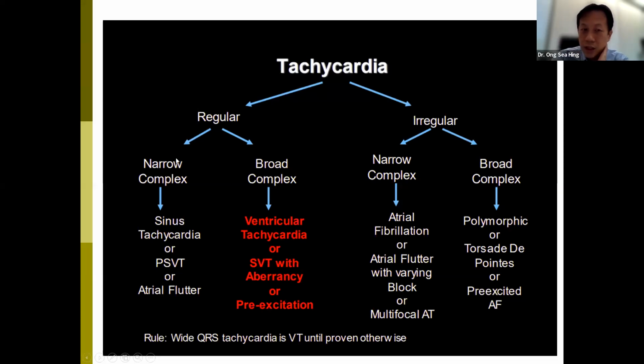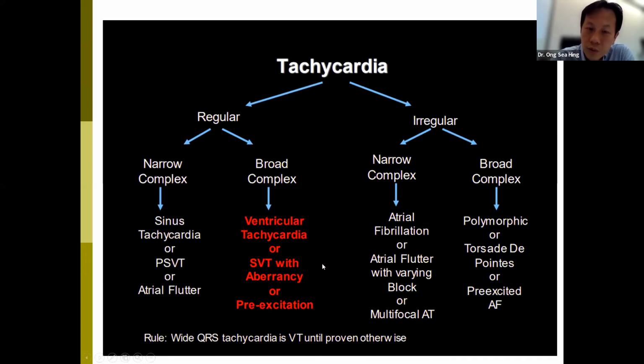So if it is regular and narrow complex tachycardia, then the diagnosis is either sinus tachycardia or supraventricular tachycardia or atrial flutter. If it is broad complex and regular, then it is usually ventricular tachycardia or supraventricular tachycardia with aberrancy or supraventricular tachycardia with pre-excitation.